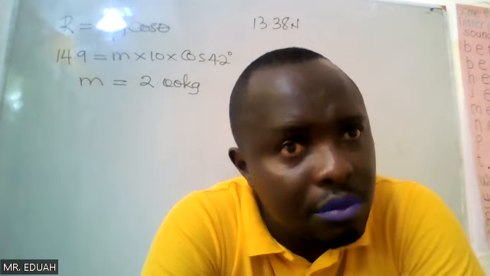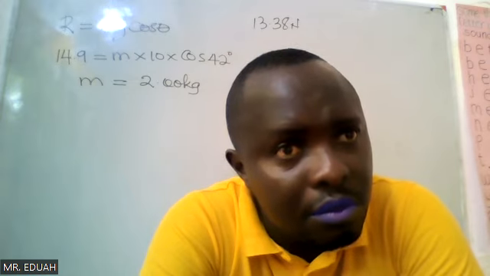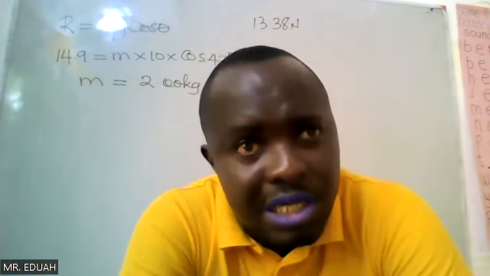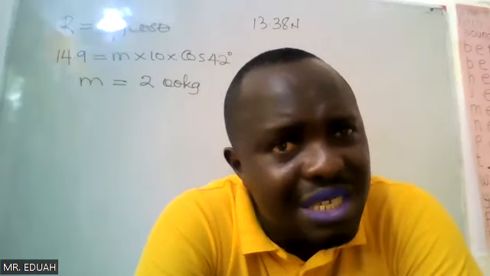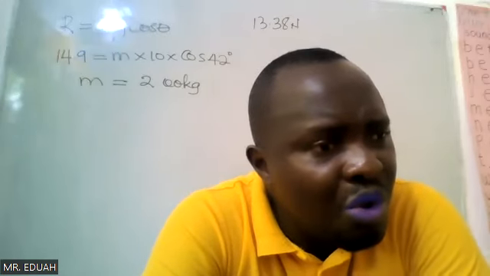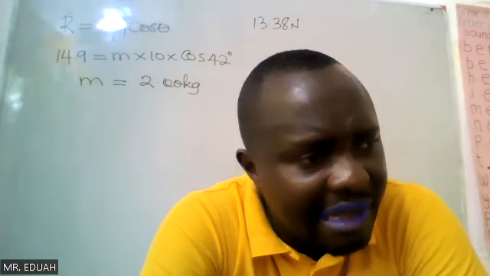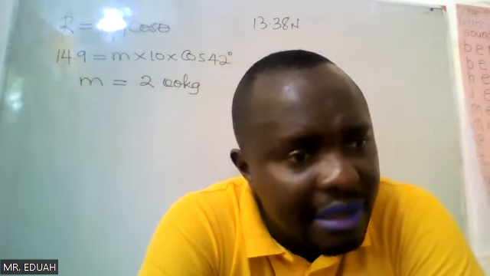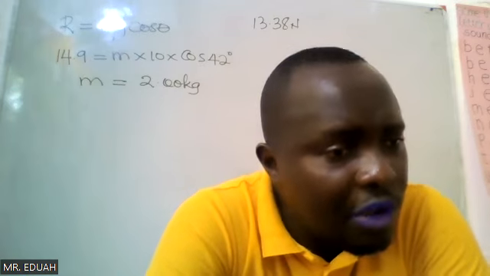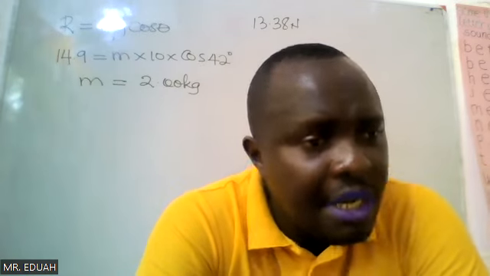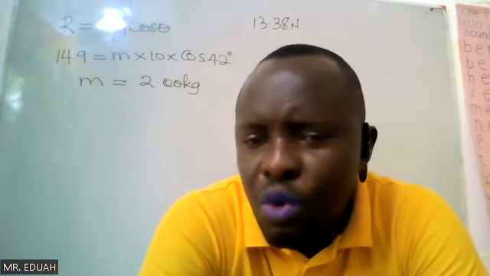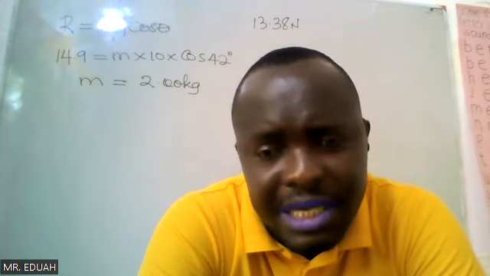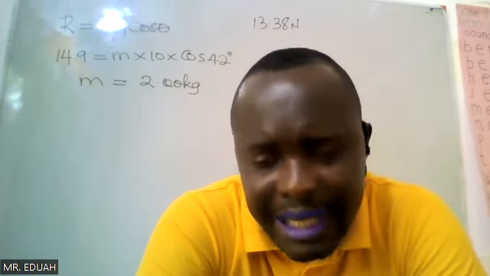So you have to equate it to mg sine theta. Why must the force which is supposed to keep the body at rest be equal to the natural mg sine theta but not greater?